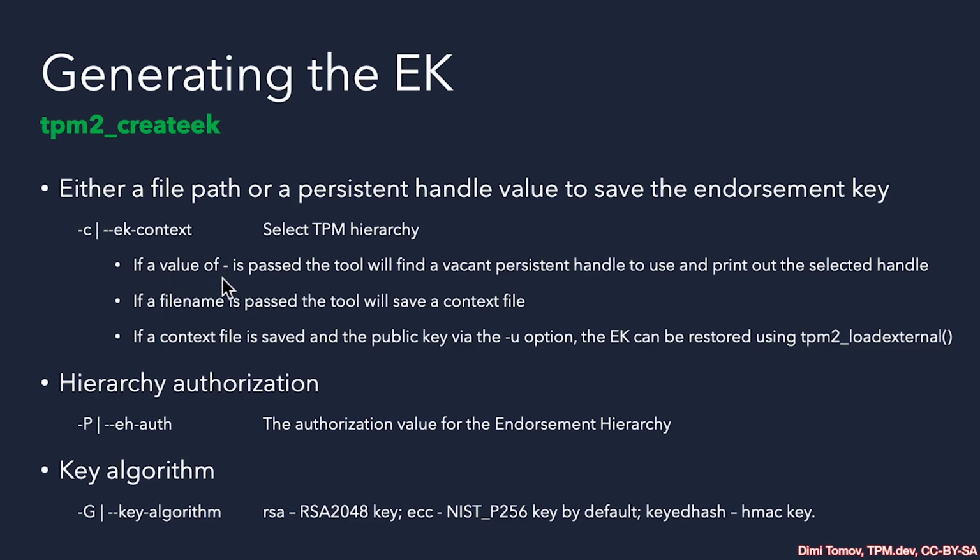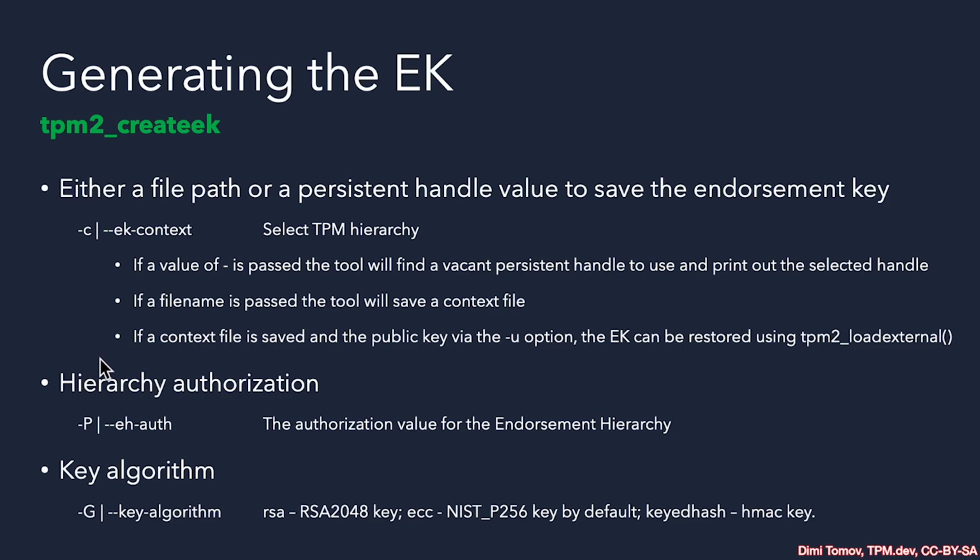We can do this by either persisting the EK into one of the persistent key slots by just typing dash as the argument. And then the TPM2 tool will automatically try to find the first available persistent handle to use. If a file name is passed, the tool will store a context file, and we can later use this context file together with the public part to restore our EK in the TPM.